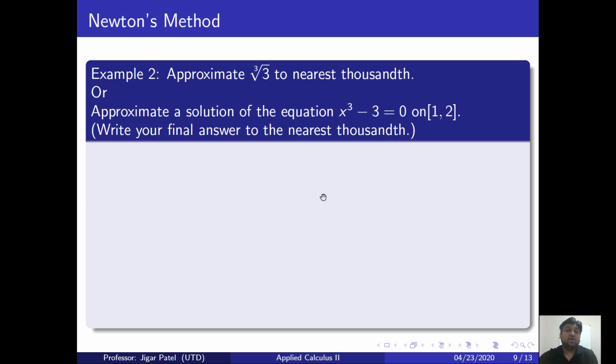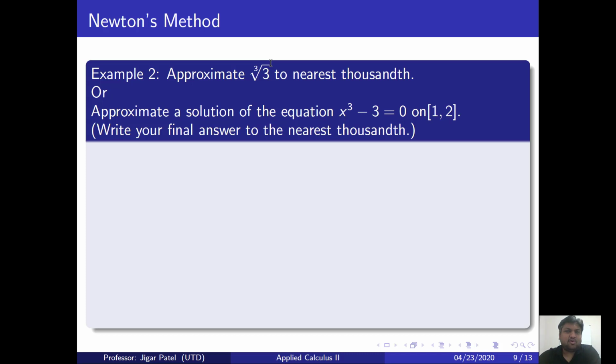I will first start with a very simple observation: find two numbers whose cube root is known and that are closest to 3. When I say closest to 3, I mean close from the left side and close from the right side.